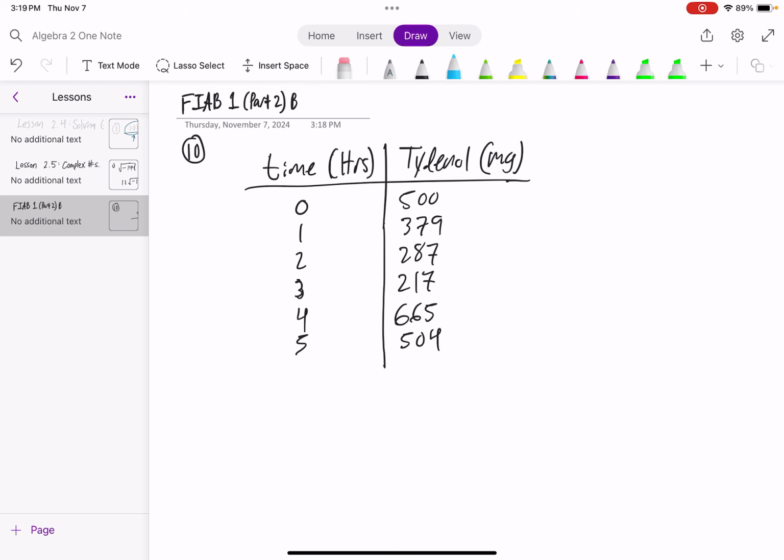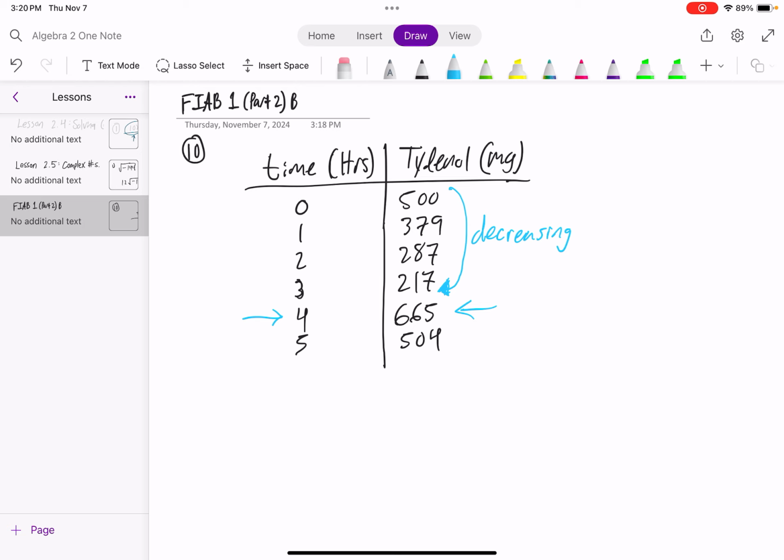So what you notice here is that from here to here it is decreasing. And then all of a sudden, at time 4 hours, it increases.